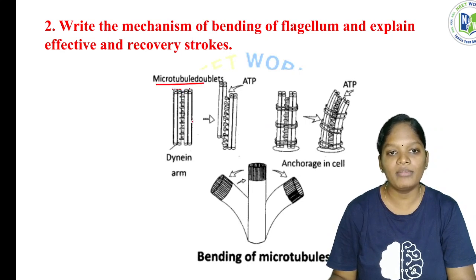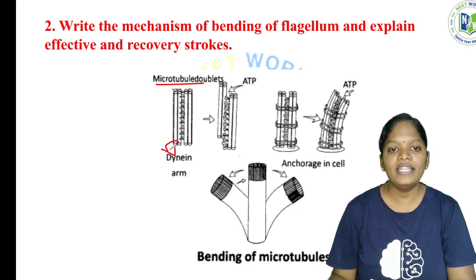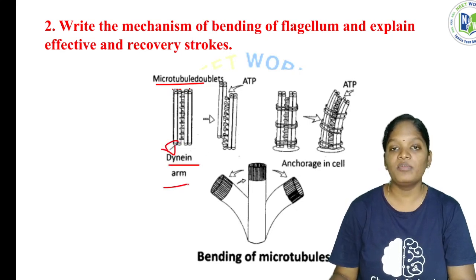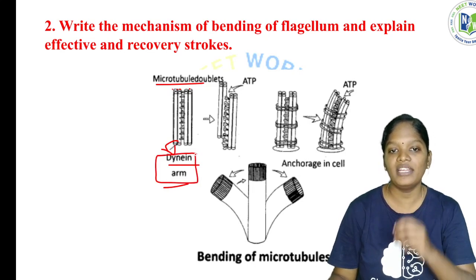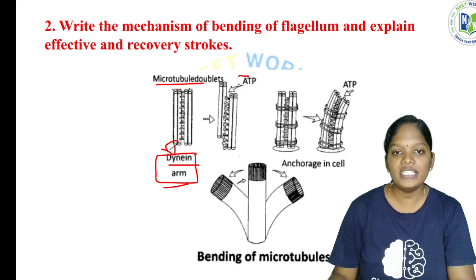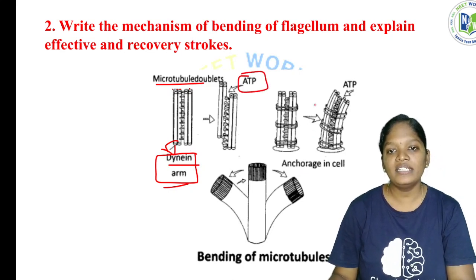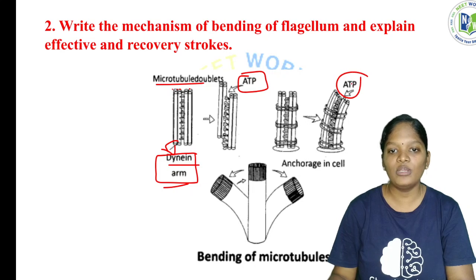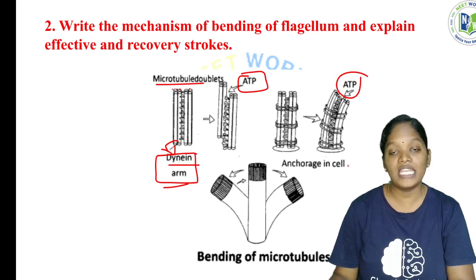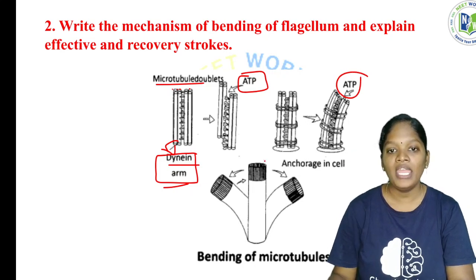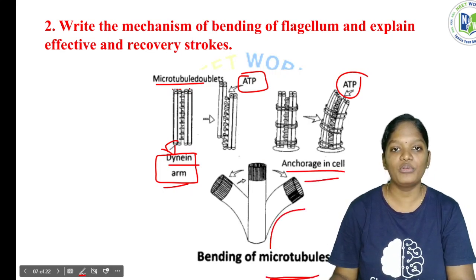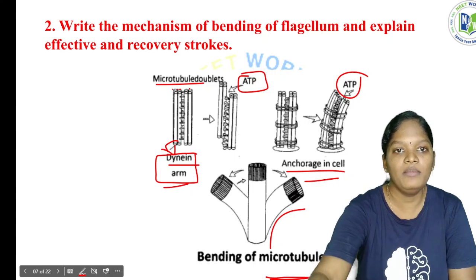These are all the microtubule doublets, and this is the arm, which is made up of a protein called dynein, so that is why the name dynein arm. It needs ATP for the ATPase activity. This is where the ATP is going to bind, and ATP hydrolysis takes place by the ATPase enzyme, and with the anchorage in the cell, this results in the bending of the microtubule. So this is very important.